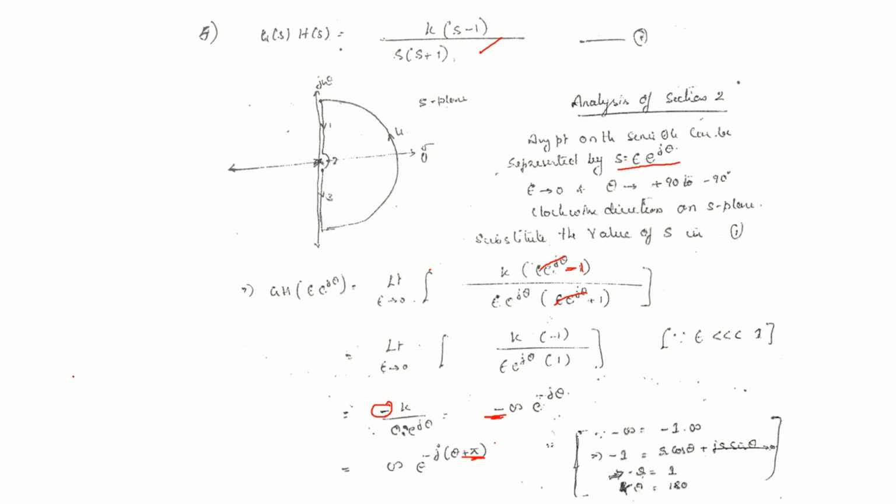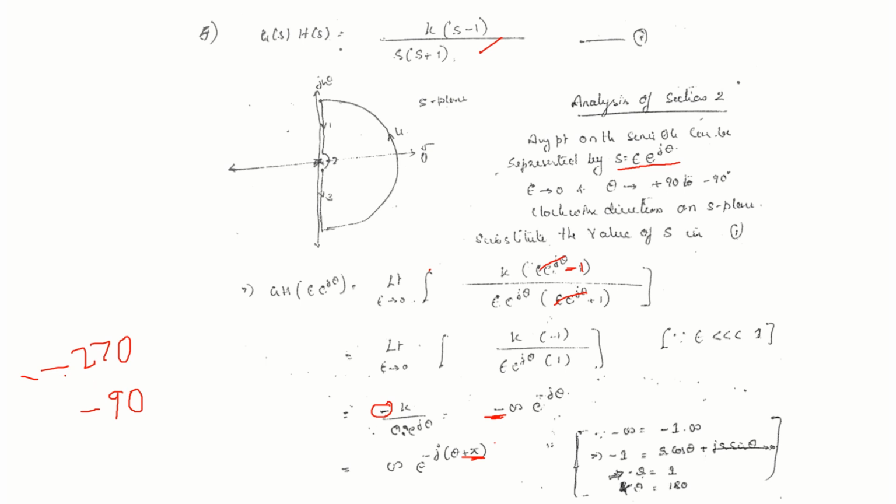Now theta is plus 90. Plus 90 to minus 90: plus 90 plus 180 is minus 270, then minus 90 plus 180 is minus 90. Totally 180 degrees.